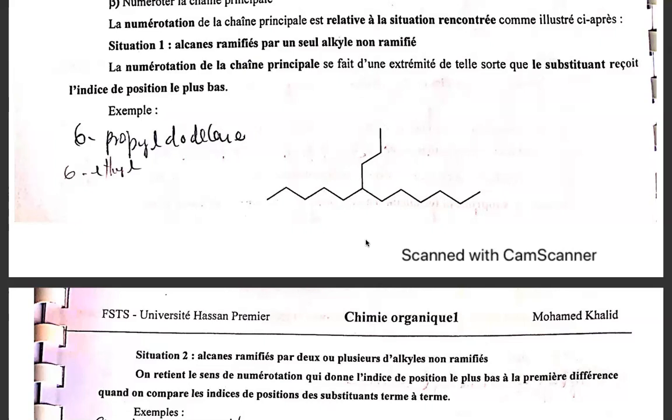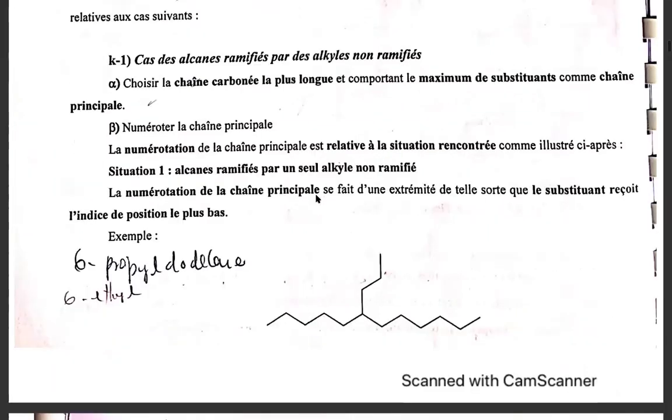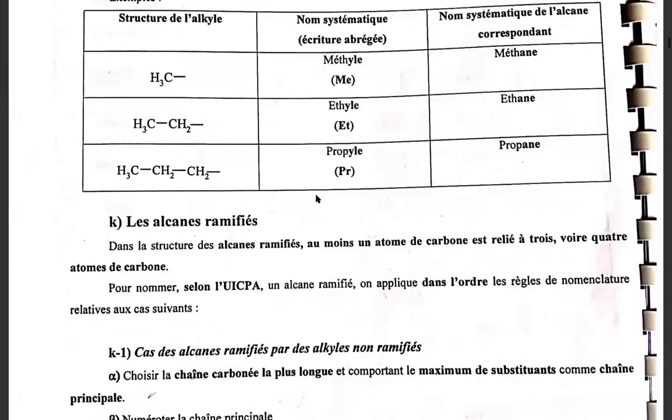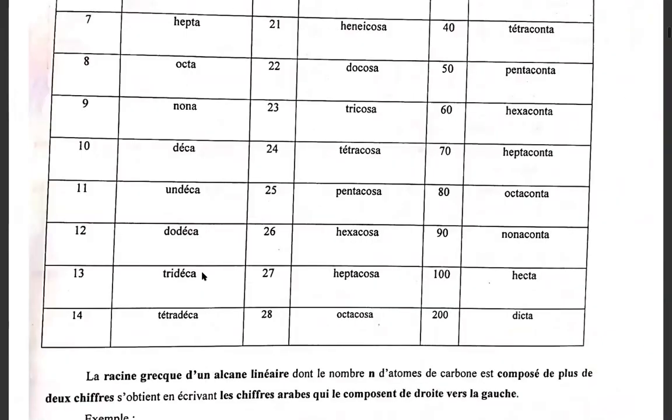Then later on, we go to rule number 2. So we've defined what the chaîne principale is here. It's a chain that contains 12 carbon atoms. When you go to this table here, it shows that the one that contains 12 is called dodec-something.